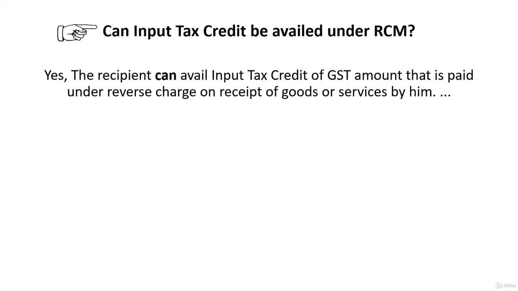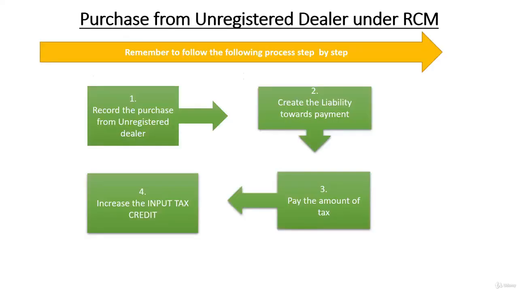Now I am taking you over to Tally, and I am introducing you to the process of how we can make the entries in Tally under reverse charge mechanism. Take the example of a company or consumer purchasing from an unregistered dealer under reverse charge mechanism. What steps do we have to follow to make the entries in Tally? Firstly, you have to record your purchase from the unregistered dealer like we did in the earlier lectures.